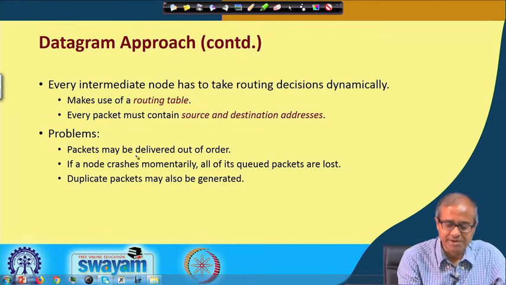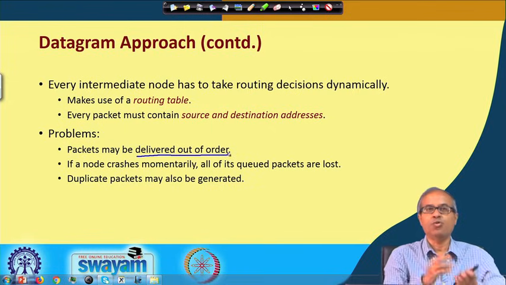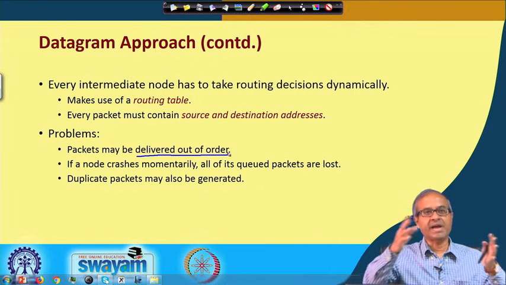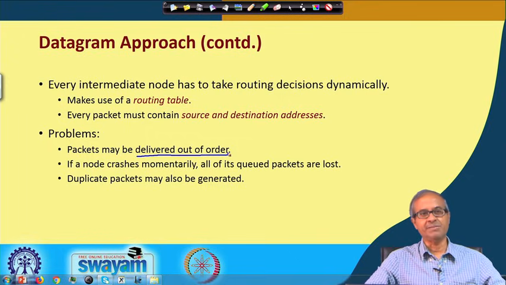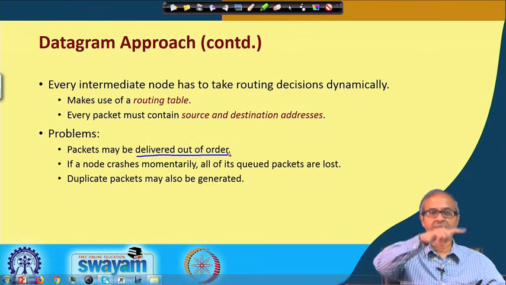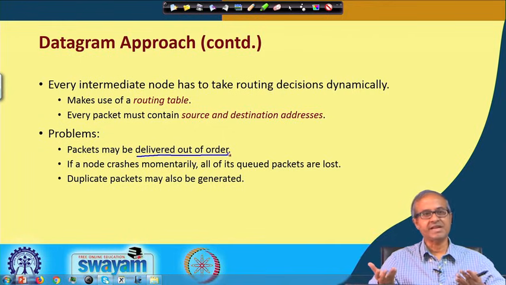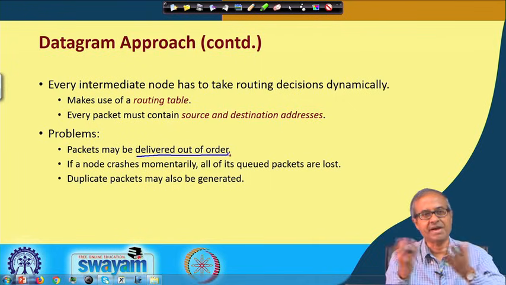So, packets may be delivered out of order. Why? Because each packet is being routed as an independent entity. There is no guarantee that all packets follow the same path. Some packets may follow a shorter path, some a longer path, so the delays of each packet can be different. Hence the delivery of packets can be out of order.